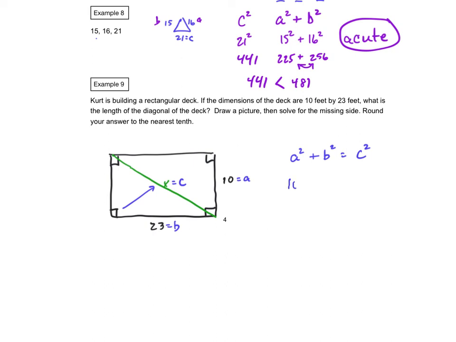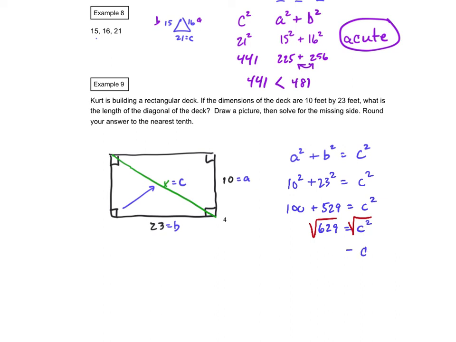And I would have, goodness, 10 squared plus 23 squared is equal to C squared. So we have 100 plus 23 squared is going to give me 529. So I have 629 is equal to C squared. Find the square root of both sides.